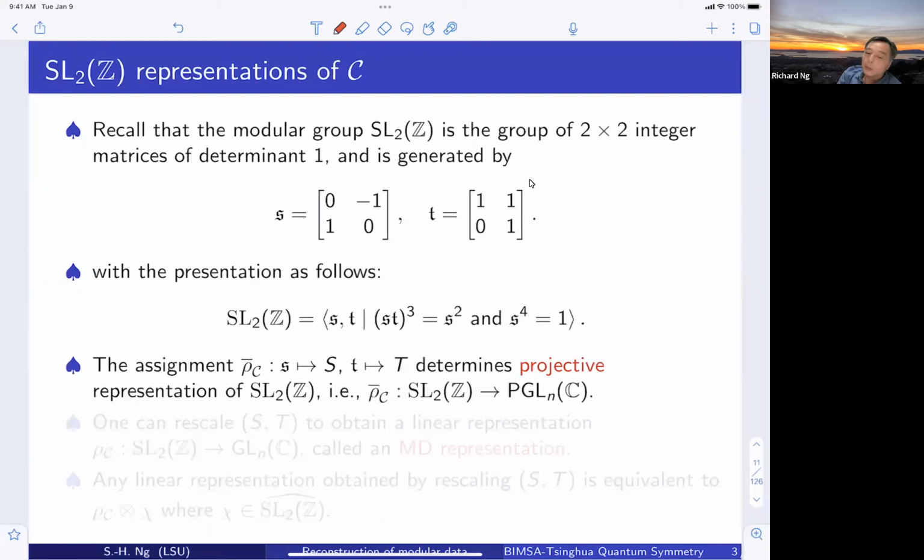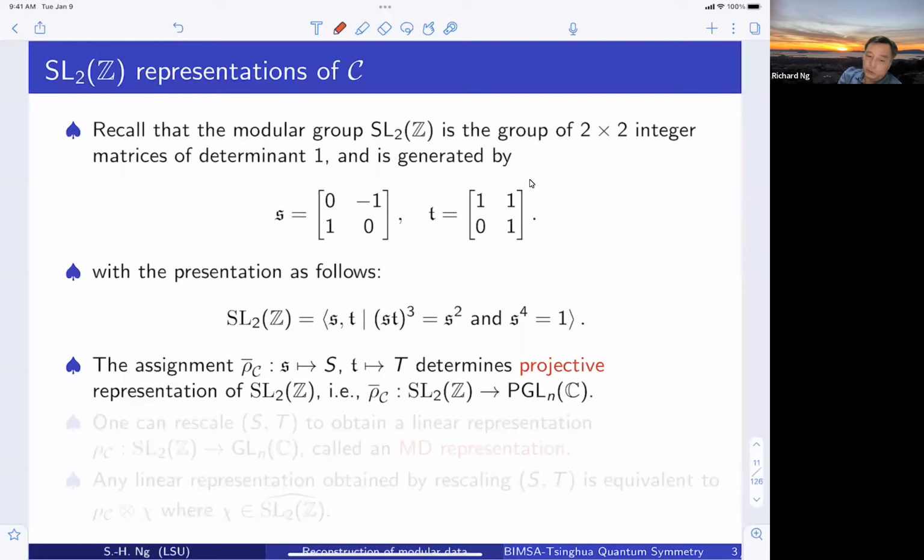You can replace this presentation with others. If you change S by S inverse, then the relation will be different, actually simpler. But for the purpose of this talk, and because this is more commonly used in modular tensor categories, we stick to this convention of the modular group, where S is the inversion of order 4 and T is the translation.